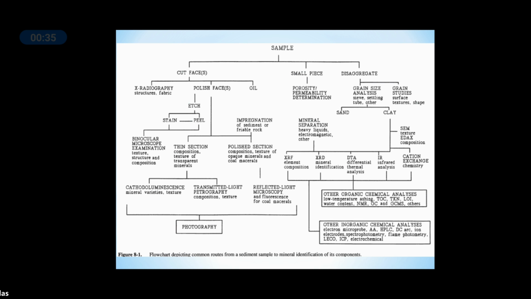Then for sand and clay samples, we apply different methods. For clays or shale, we go for XRF, XRD, DTA, then cation exchange capacity and total organic carbon, which is part of geochemical analysis, where we apply the liquid combustion method or rock-eval pyrolysis. So just have a broad look at it. You don't have to remember each and everything. So this is all about the first part of the lab techniques.